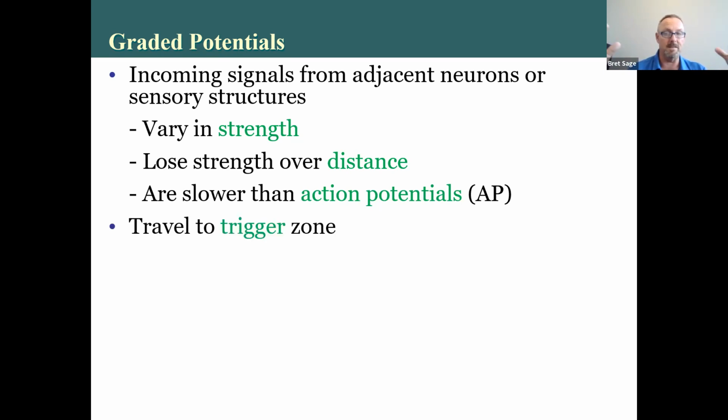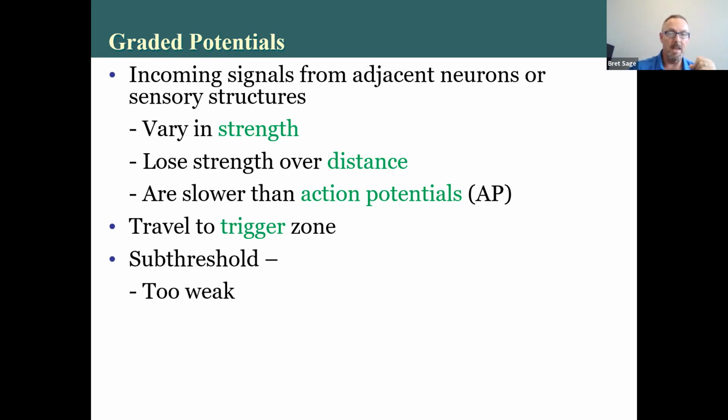Okay, so once this signal starts spreading through the cell body, which is generally where it happens, it travels to a place called the trigger zone. The anatomical name for it is the axon hillock. Now it gets to the trigger zone. If it's strong enough, it'll generate an action potential, which is the toilet flushing or the firing of the gun. If it's not strong enough, it's called subthreshold, which means it's below the threshold at which an action potential will happen.